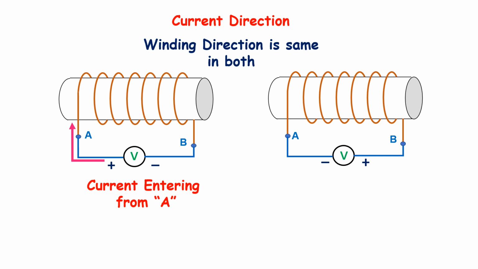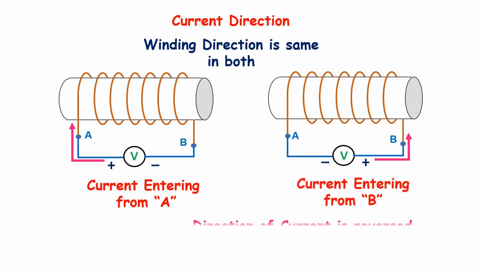Now you can observe the polarity of the supply is reversed. Because of this, the current will come out from the source from the positive terminal, enters the coil through the end B. We can say the current direction is reversed.